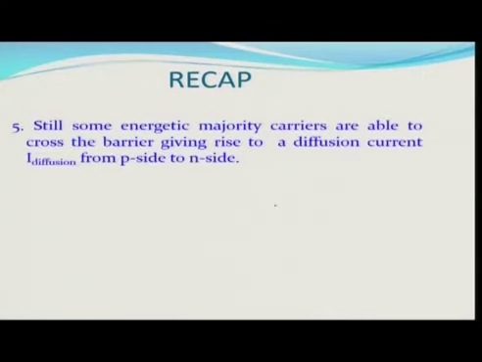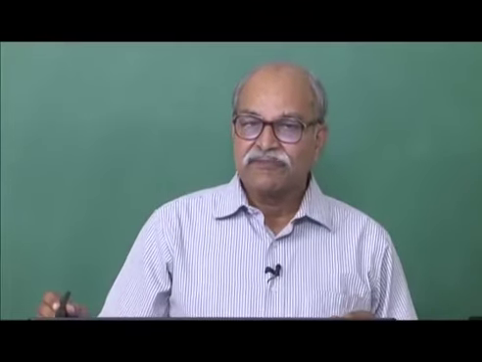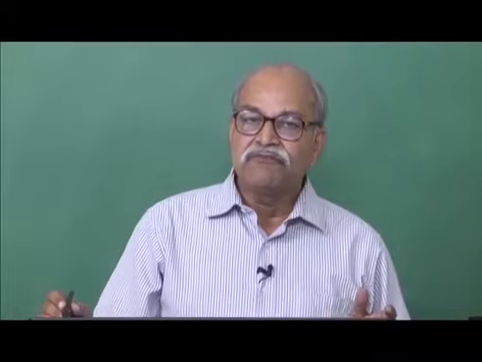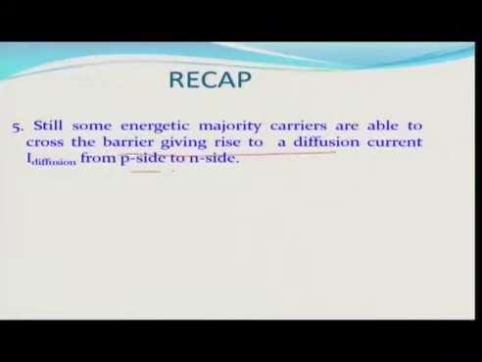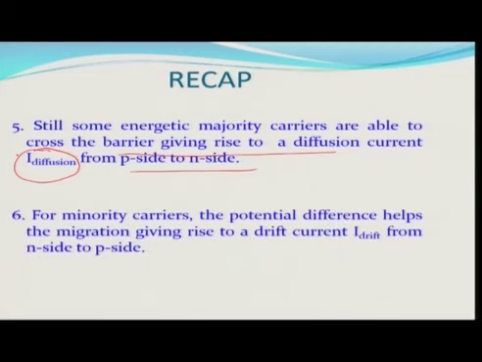And the more energetic majority carriers are able to diffuse, they are able to cross the barrier even though there is this barrier, and that gives rise to this diffusion current from p side to n side. Then you have minority carriers.